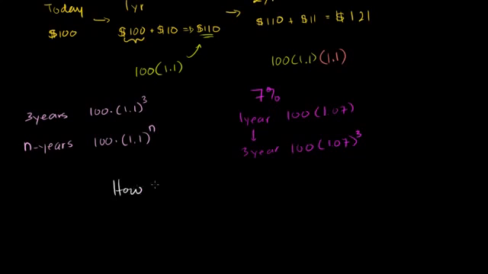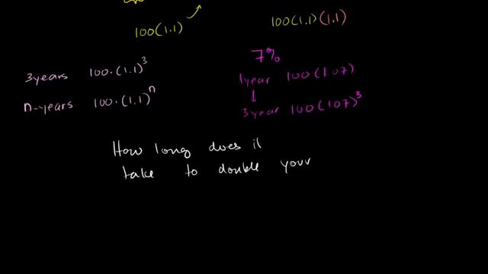If you were to just use this math right here, you'd have to say, I would have to double my money, so I would start with $100, and multiply that times, let's say it's a 10% interest, 1.1, to the x, is equal to, well, I'm going to double my money, so it's going to have to equal $200.